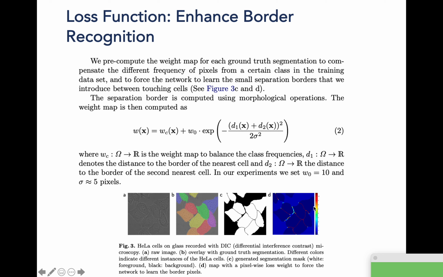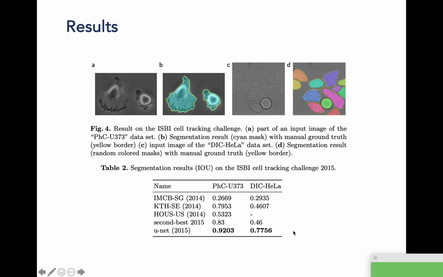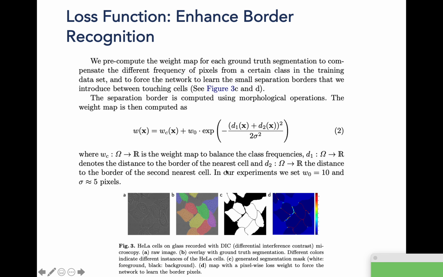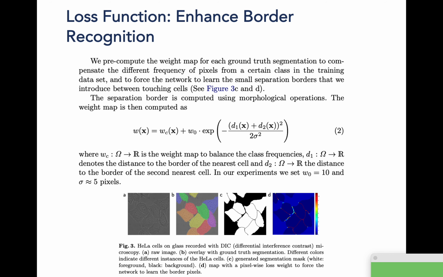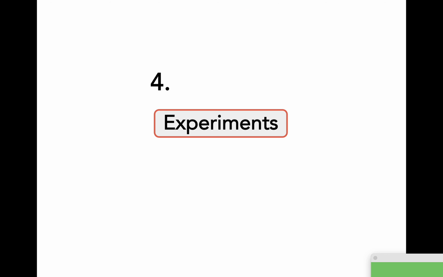And in D, you can see the map with pixel-wise loss weights, essentially that forces the network to learn the border pixels, and that's essentially what the W of x is doing in this cross entropy function. It forces the network to learn the border recognition, the border boundaries, if you will.